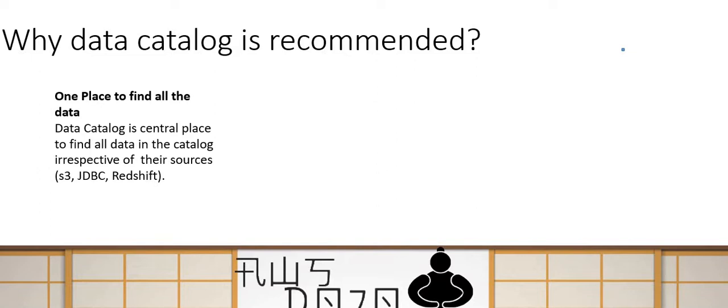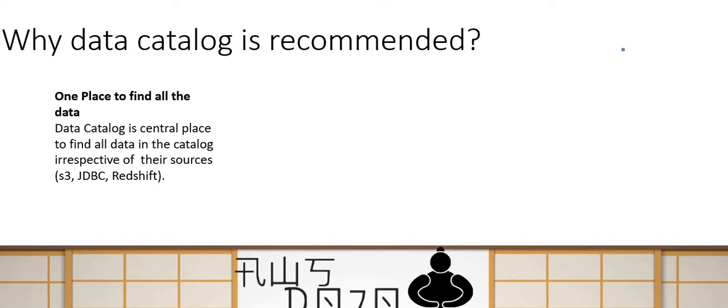Your data could be in S3, 10 different JDBC databases, or 5 different Redshift clusters. They don't want to care about those specifications. They want to come to one place to find all your data irrespective of its data source.